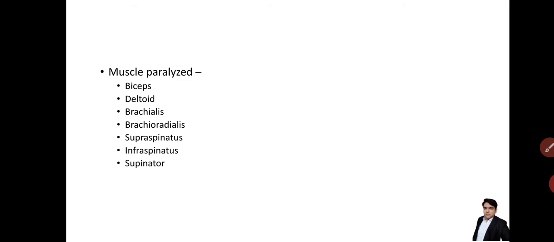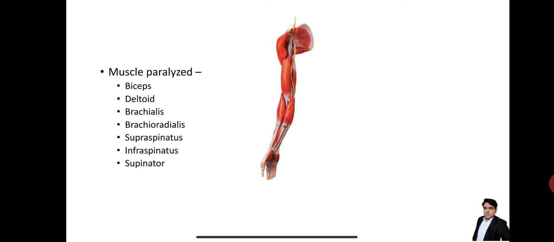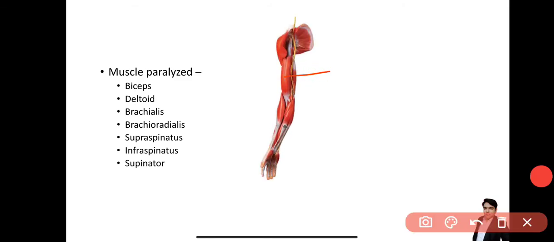The musculocutaneous nerve supplies biceps and brachialis. So this is biceps muscle, and underneath biceps here brachialis muscle is there, which is responsible mainly for flexion at elbow joint.